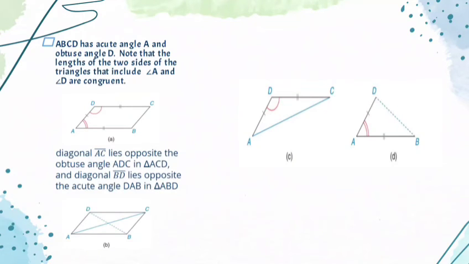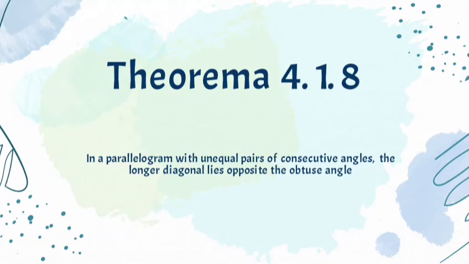Note that segment AC, opposite the obtuse angle D, is longer than segment DB, opposite the acute angle A. On the basis of lemma 4.1.7 and the preceding discussion, we have the following theorem. In a parallelogram with unequal pairs of consecutive angles, the longer diagonal lies opposite the obtuse angle.